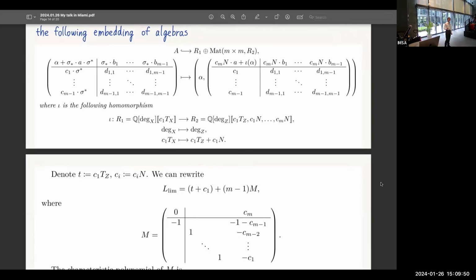Now we can rewrite L limit as some diagonal matrix plus m minus 1 times another matrix M under this universal algebra embedding, and this M has a very simple form, which is just 0, minus 1 over 1, and Cm minus 1, minus Cm minus 1, and Cm minus 2, and minus C1. And now we can diagonalize this matrix.